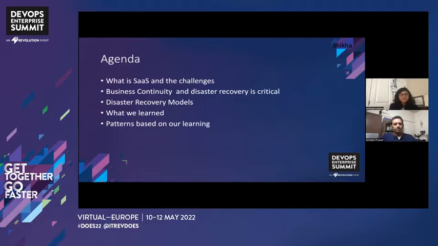What are the different disaster recovery models based on our learning as we've been working with multiple clouds? What we have learned, we want to bring that to you. And as we are working on getting our SaaS to multiple clouds, there's a pattern that we are establishing for our SaaS for the disaster recovery. And those are the patterns that we are planning to bring to you today.